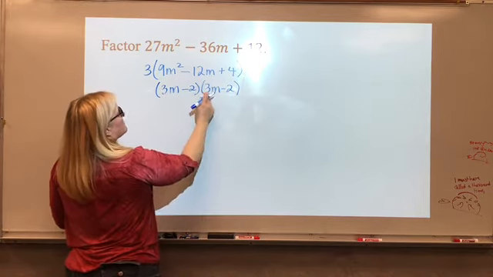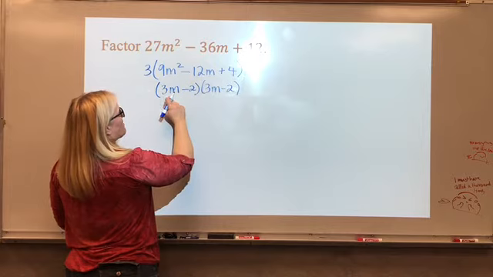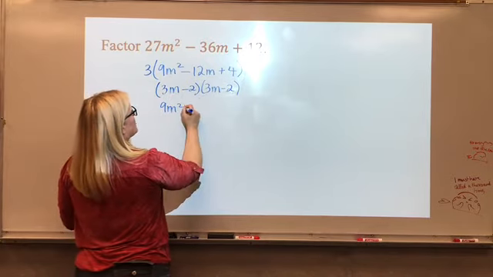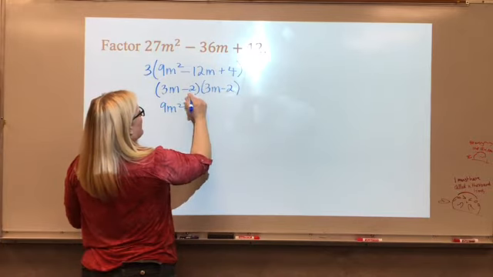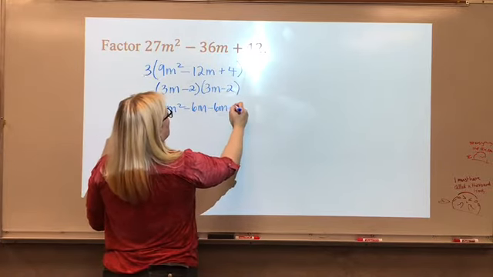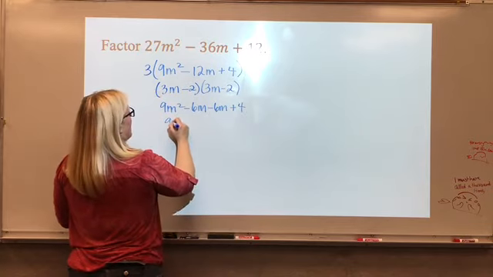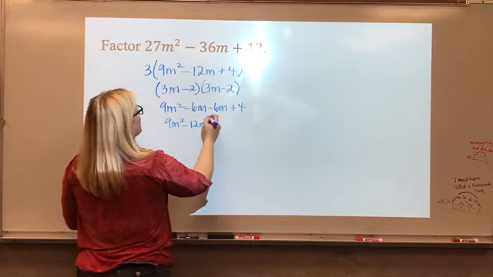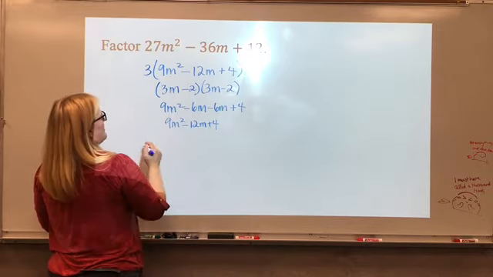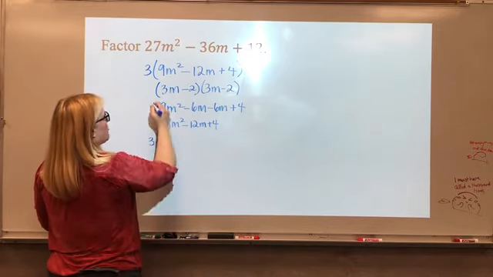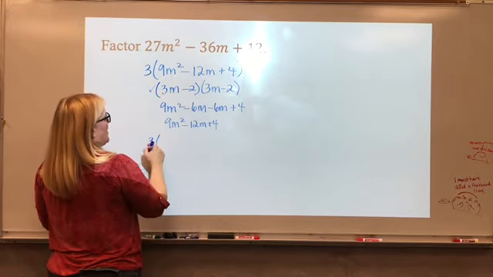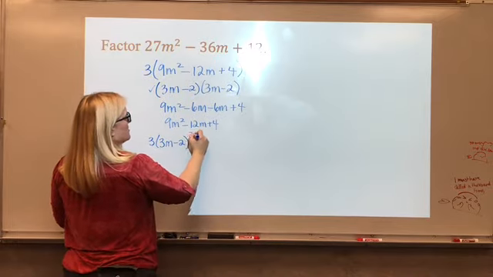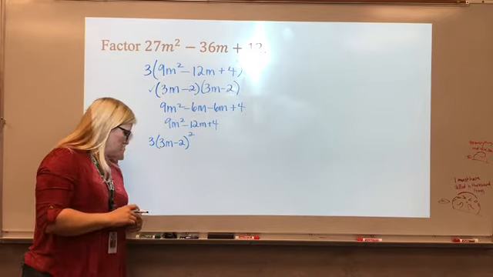So when I FOIL this, I have 3m times 3m is 9m squared. 3m times negative 2 is negative 6m. Then I have another negative 6m plus 4. So that gives me 9m squared minus 12m plus 4. And that's exactly what I got. So the answer to this problem is 3 times 3m minus 2 squared. And that is what I want for that one.